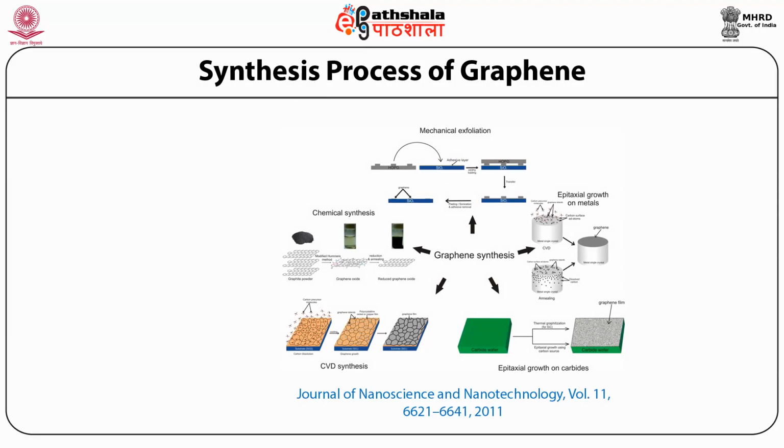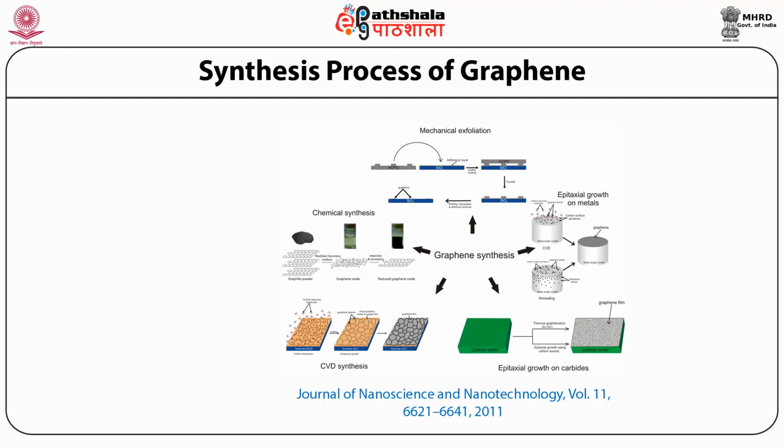The synthesis of graphene means how one can synthesize graphene in the laboratory. To realize the application of graphene, a consistent, reliable, simple and inexpensive method of growing high quality, continuous and uniform single and few layer graphene films is a prerequisite.